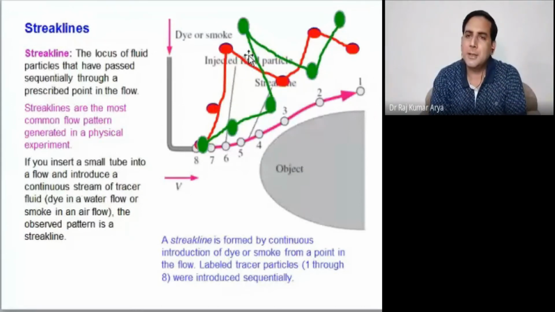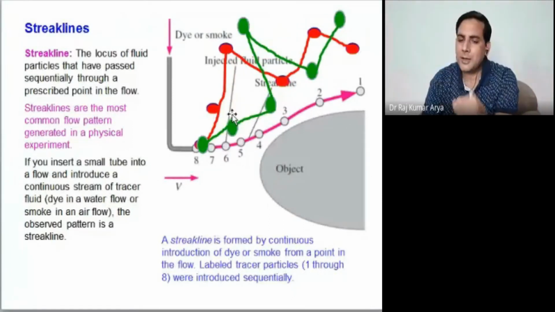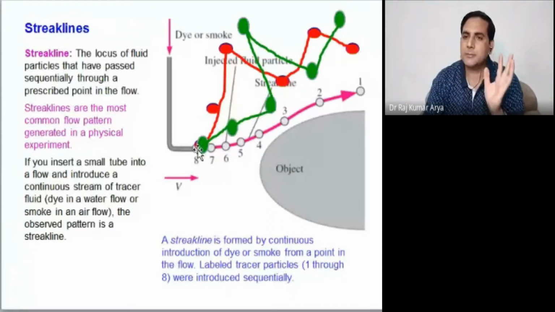Fine. So these are path lines. The red one is the path line for the first particle, which has gone from here. The green one is the path line for the second particle, which has also gone from this particular point. Now I want to draw the streak line of these particles.